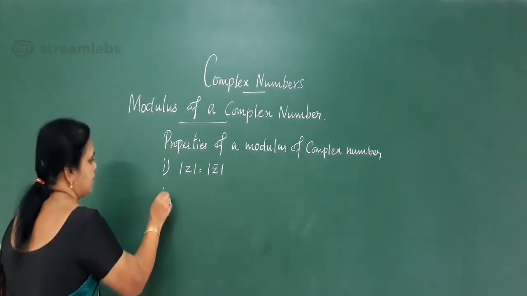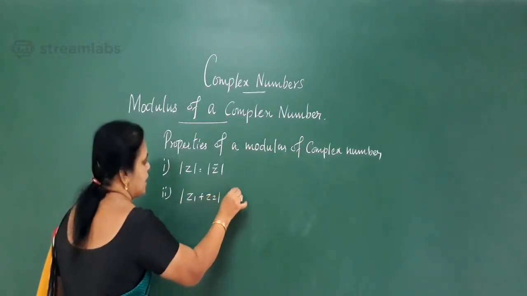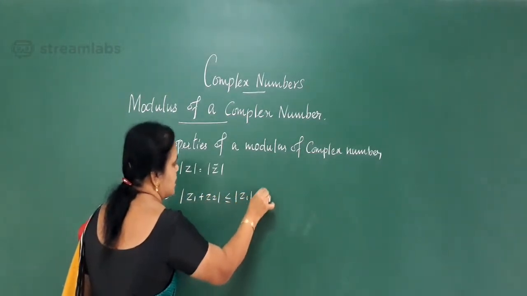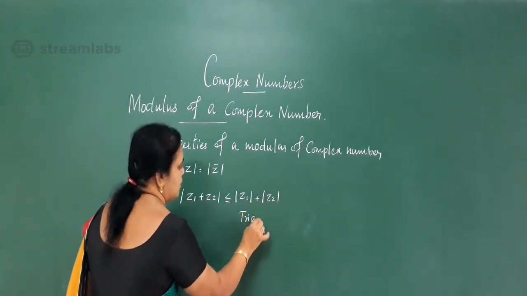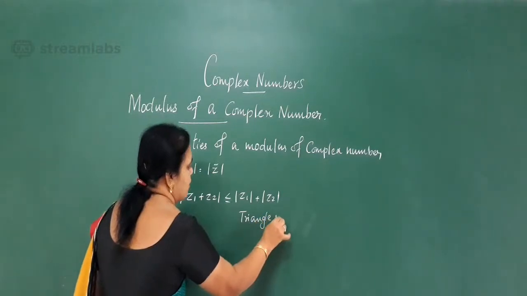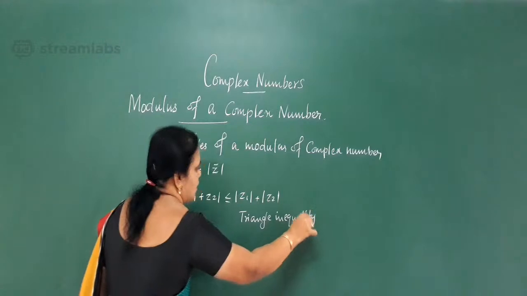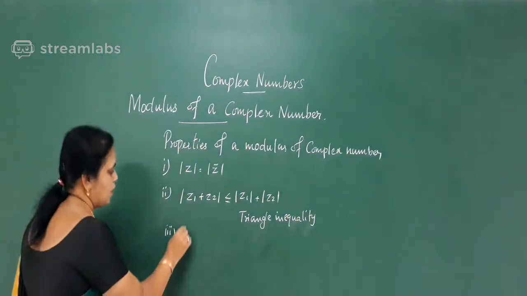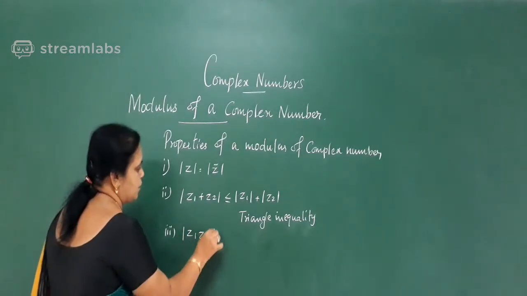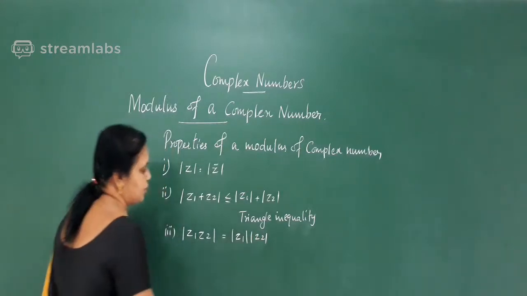Second one, modulus z1 plus z2 is less than or equal to modulus z1 plus modulus z2. This is called the triangle inequality. Later we discuss this. Third one, modulus z1 z2 is equal to modulus z1 modulus z2.